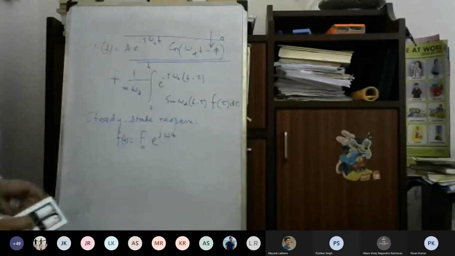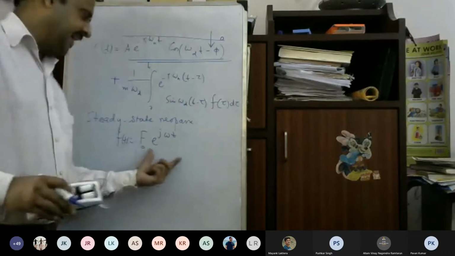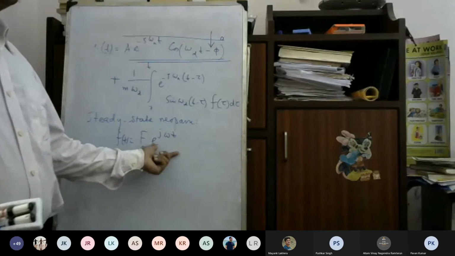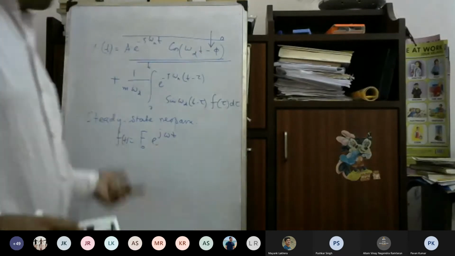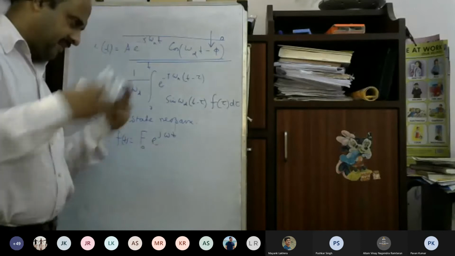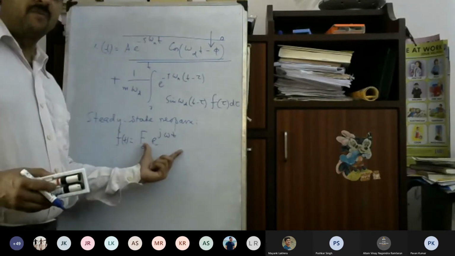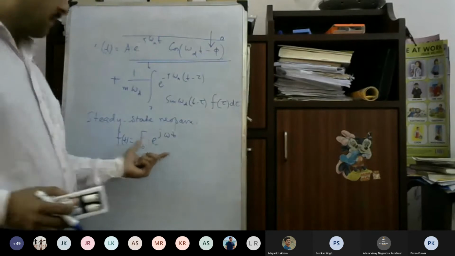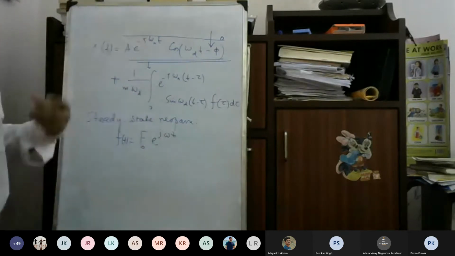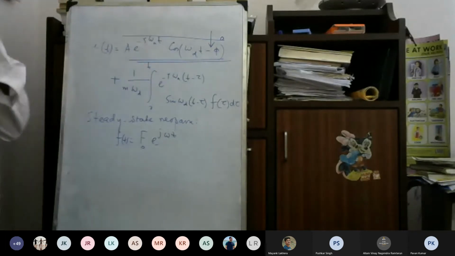I stress here, I take the complex number e to the power j omega t. But what really happens is that the forcing is the real part of it, or maybe the imaginary part of it, and accordingly, whatever response we get, I'll have to take either the real part or the imaginary part of the response.